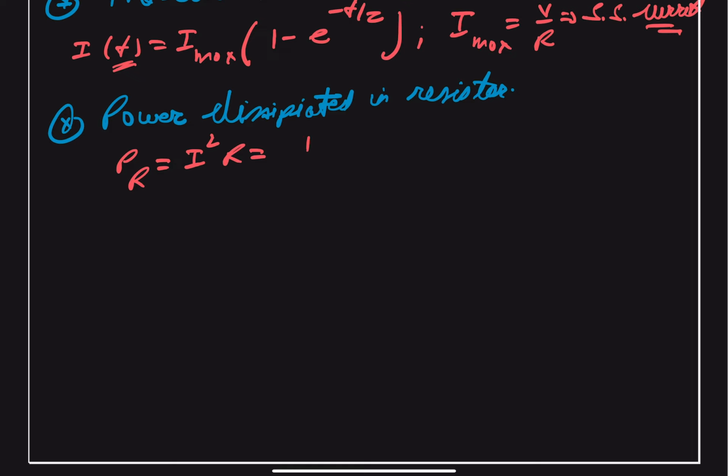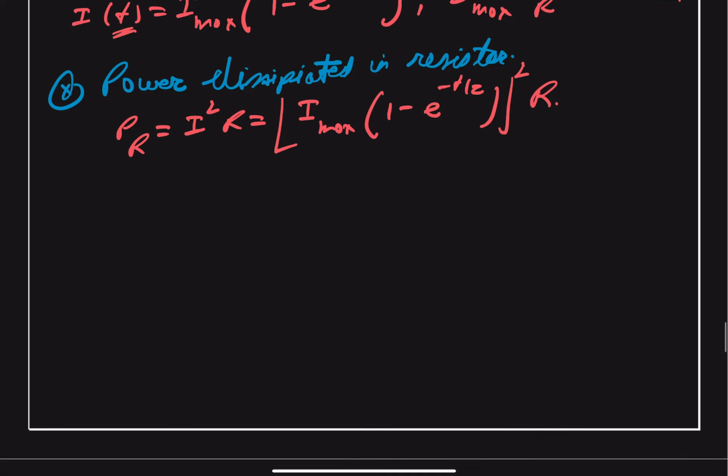That will be I max times 1 minus e raised to power minus t upon tau, whole square, multiplied by R. We simply open the bracket. We can write this as I max square times R times 1 minus e minus t upon tau, whole square.